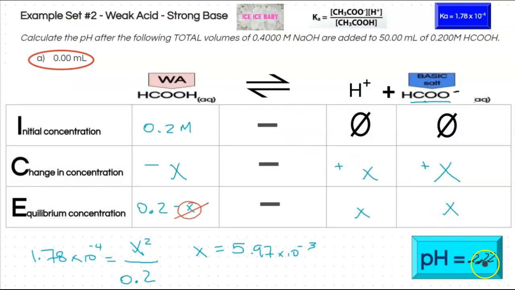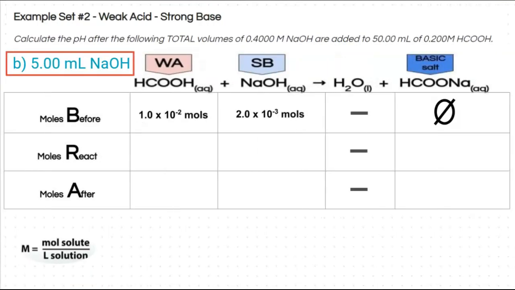So that's the concentration of my weak acid times the Ka of my weak acid. Square root that value to get the value of X, which is 5.97 times 10 to the negative third. And then I take the negative log of this value to get my pH of 2.22. All right, moving on to the next slide.